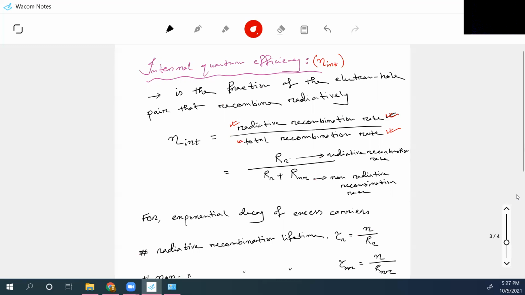So the radiative recombination rate is this, and the non-radiative is this. Radiative plus non-radiative makes the total recombination rate.